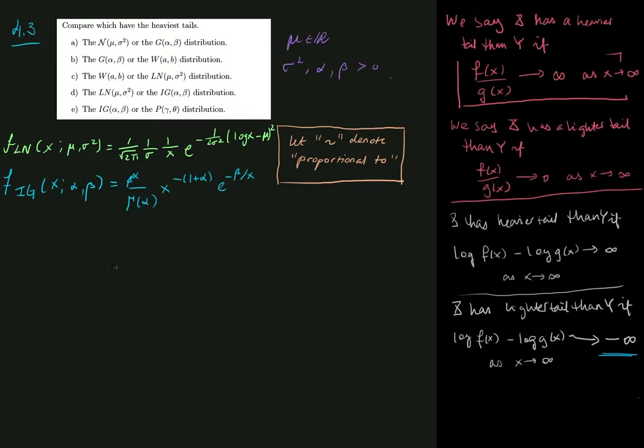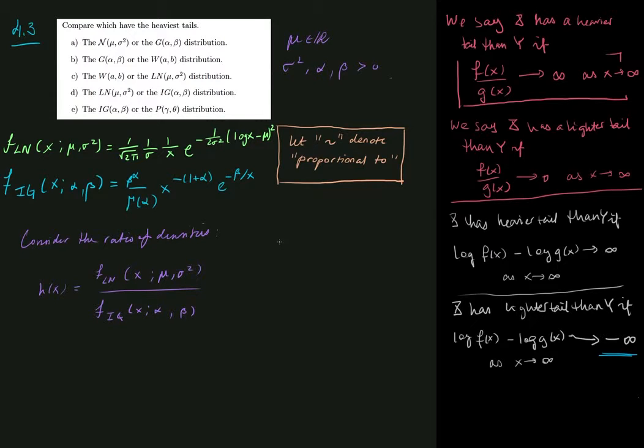So let's take a look at the ratio of the densities. Consider the ratio of densities given as h of x, where I choose the density of the log normal distribution to be in the numerator, and the density of the inverse gamma distribution to be in the denominator.